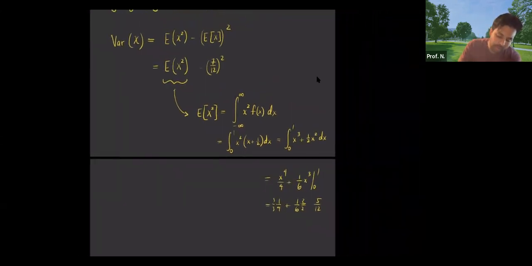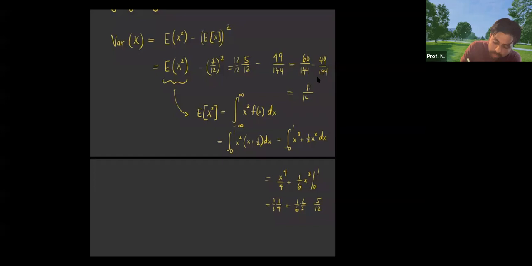So the expected value of x squared is 5/12, and you're subtracting that from 49 over 144. So if you make this 12 over 12, this becomes 60 over 144 minus 49 over 144. So the variance of x will be 11 over 144.